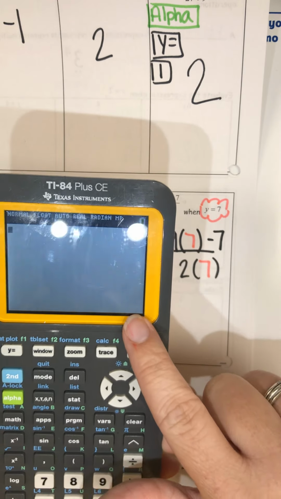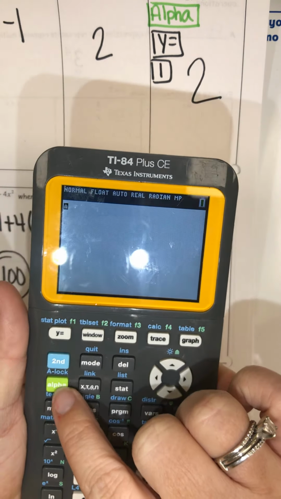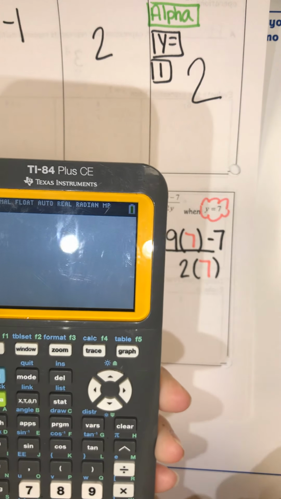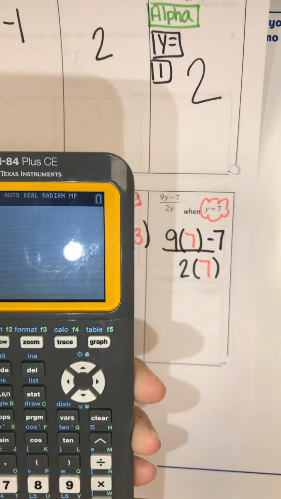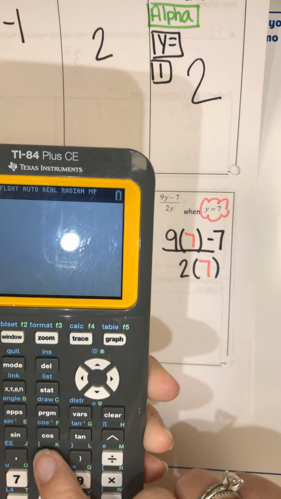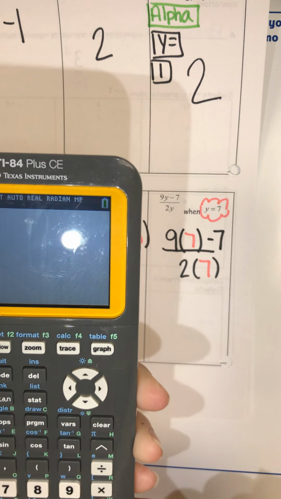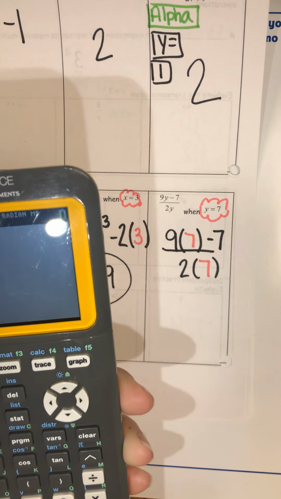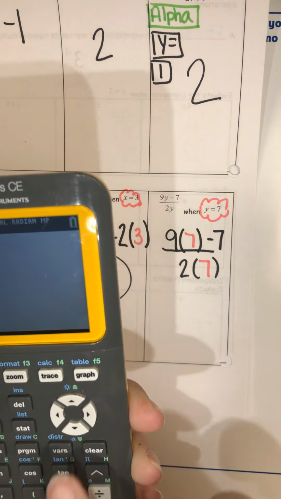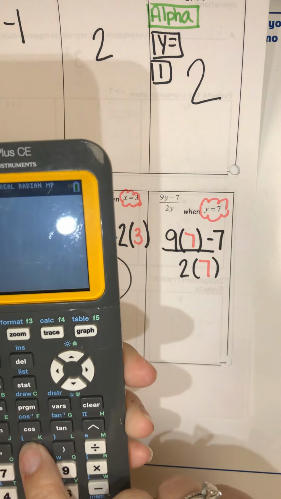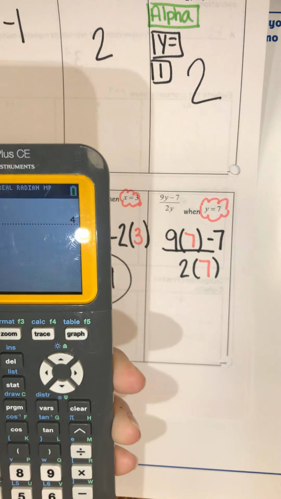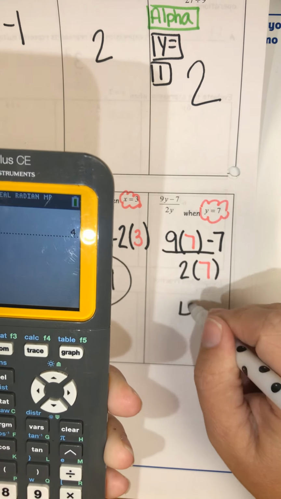To type it in my calculator, I'm going to push alpha, which is the green button, y equals, and then 1. I'm going to type it in exactly as I see it. It's 9 parentheses 7 minus 7, and then it's arrowing down, 2 parentheses 7, closing my parenthesis, and then I'm going to click enter. So that is the number 4.